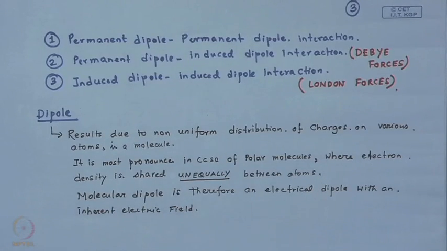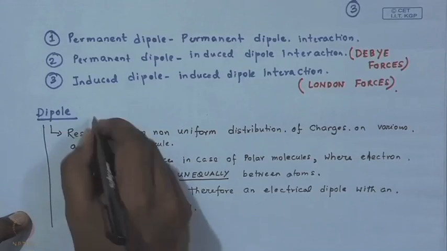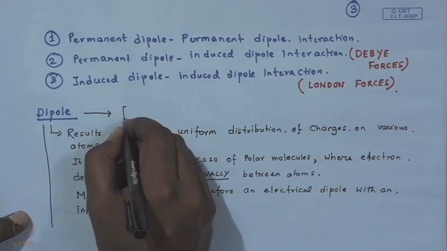The dipole is quantified, as you have probably learnt in your undergrad physics itself, or maybe in 12th standard physics, in terms of dipole moment.